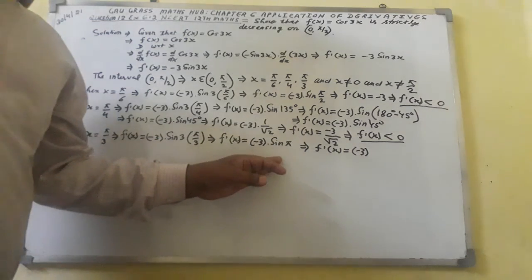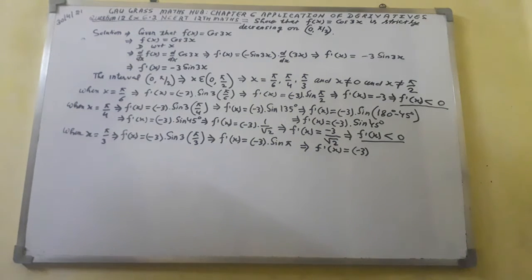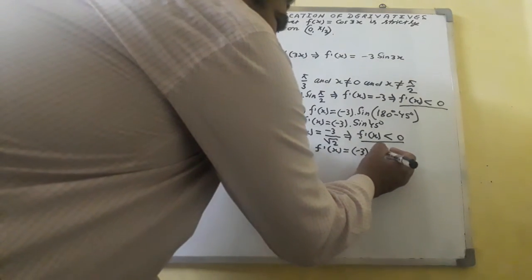Sin pi will get 90 plus 90 comes out to be second quadrant. Sin will be positive, plus sin I shall write, but since 90 is there comes out to be cos 90 degree. Cos 90 degree equal to 0. So here it comes out to be equal to 0.